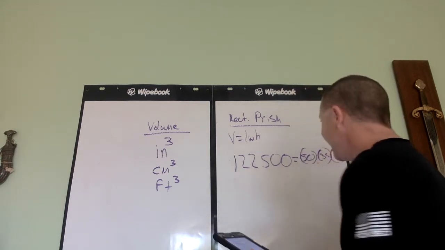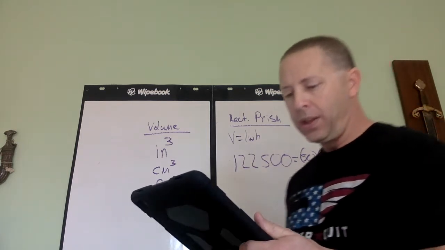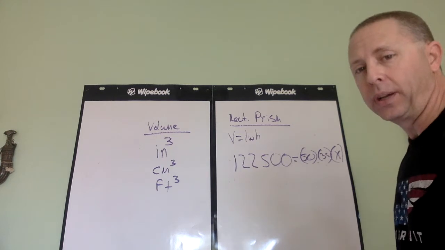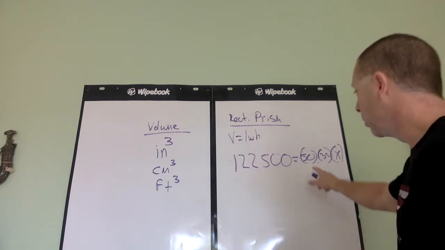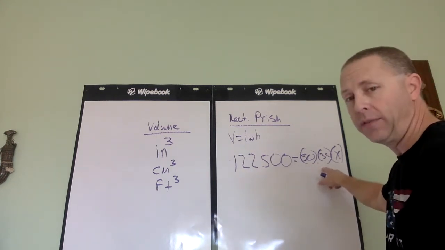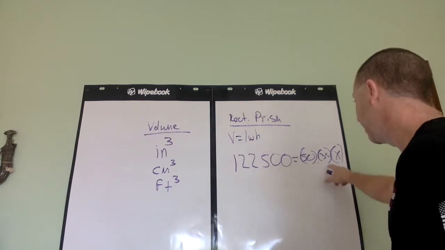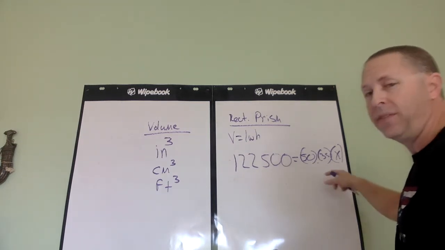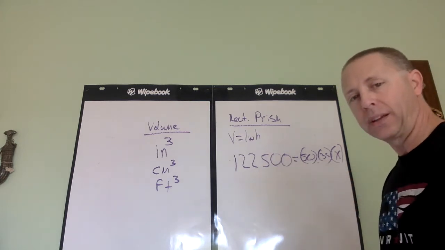But it does not tell you what the actual height is. So now I've created basically an algebraic expression. If I multiply 50 times 35, I get a number, and then that's going to be times x. If I have that number, I'm going to have to divide both sides by it to break the x loose.